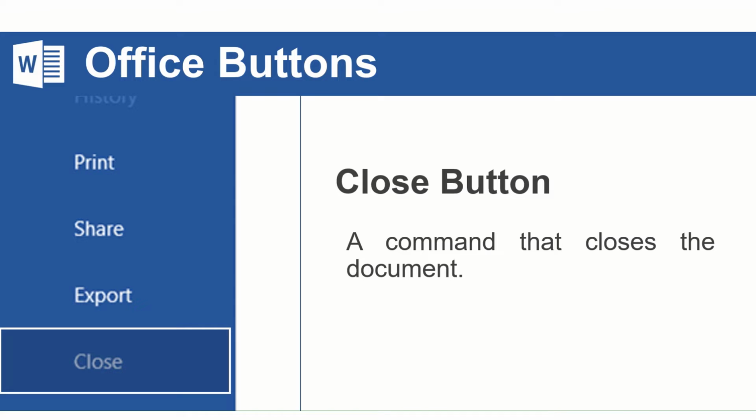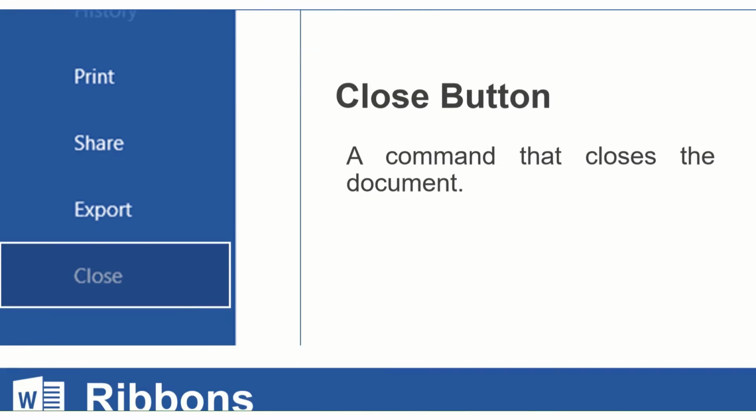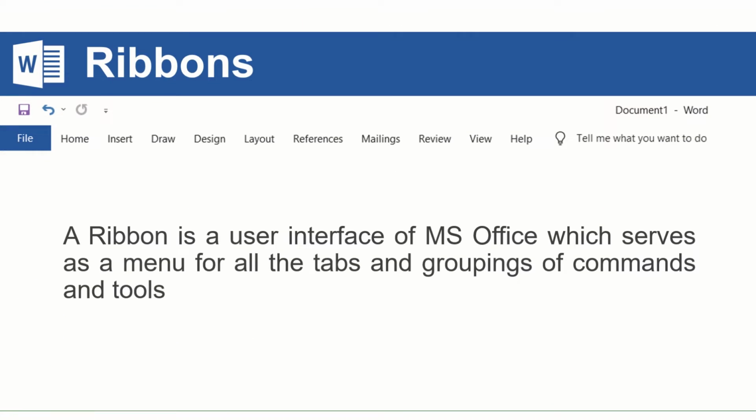You also need to familiarize yourself with the graphic user interface of Microsoft Office. The ribbon is a user interface of Microsoft Office which serves as a menu for all the tabs and groupings of commands and tools. Meaning that the ribbon contains all the commands and tools we can use in editing or creating documents using Microsoft Office.